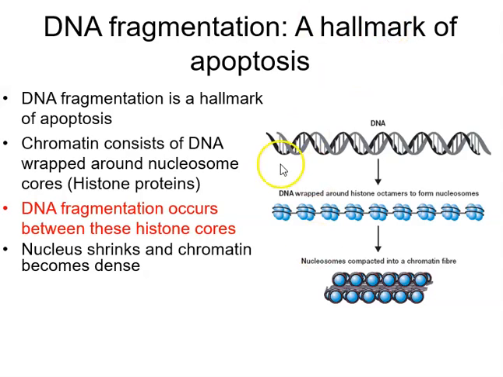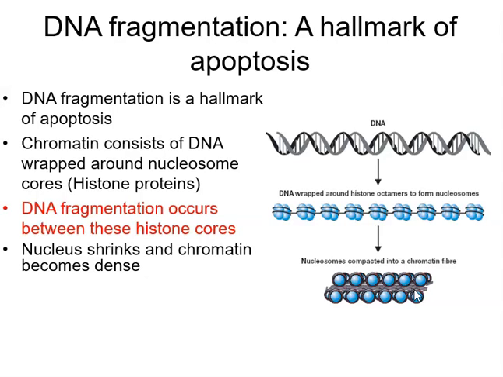So here is DNA, and DNA in the form of chromatin is wrapped around histone proteins, and histones are octamers, so there are 8 histone proteins with DNA wrapped around them. Chromatin can then be compacted into chromatin fibers such as this. So this is what chromatin is like in chromosomes. It's not just DNA, it is histone proteins.